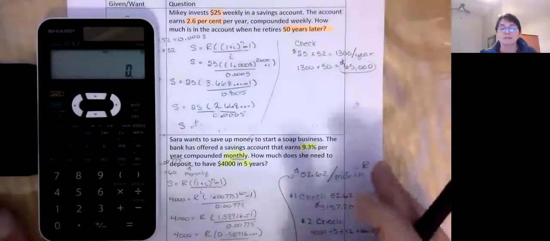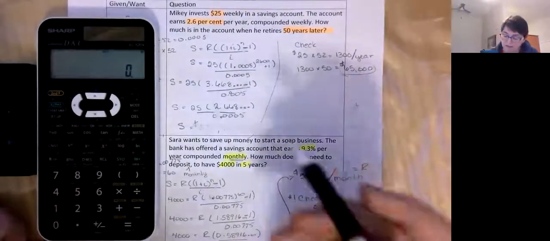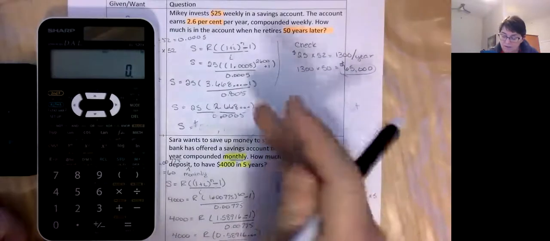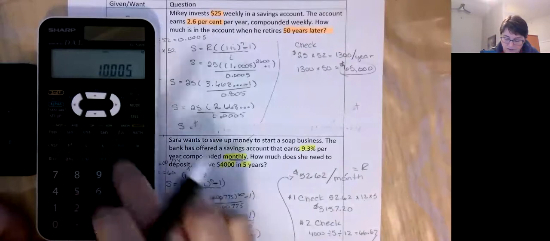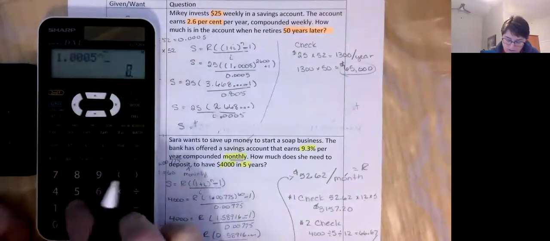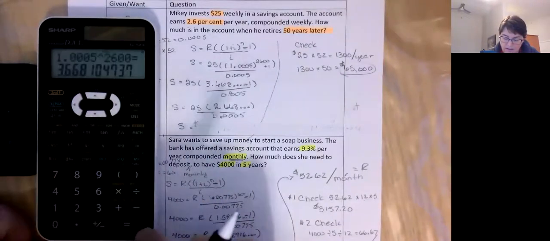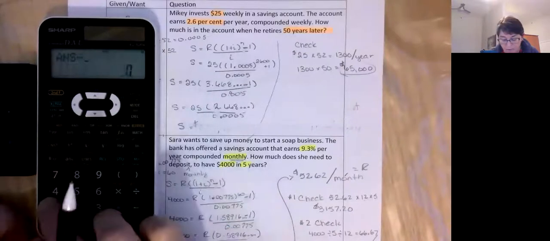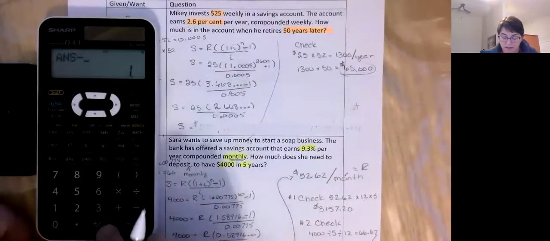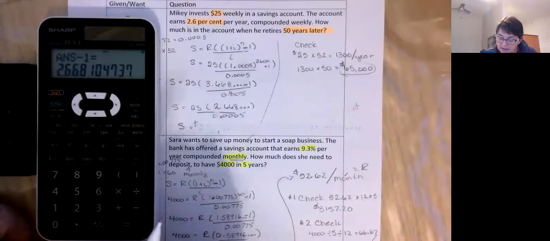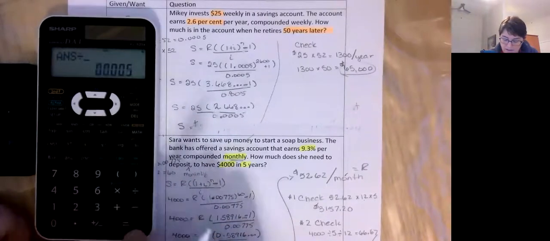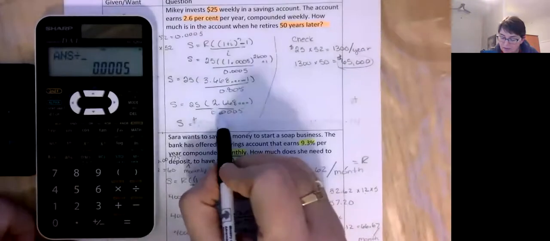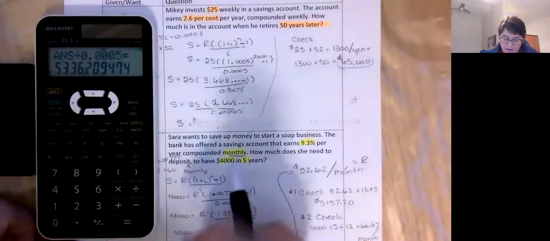So let me just quickly fix this, and then I'll just put a note in the video that there was a mistake. 1.0005 to the 2600 is that. Now I'm going to subtract 1, and I get that. And then I'm going to divide by 0.0005.